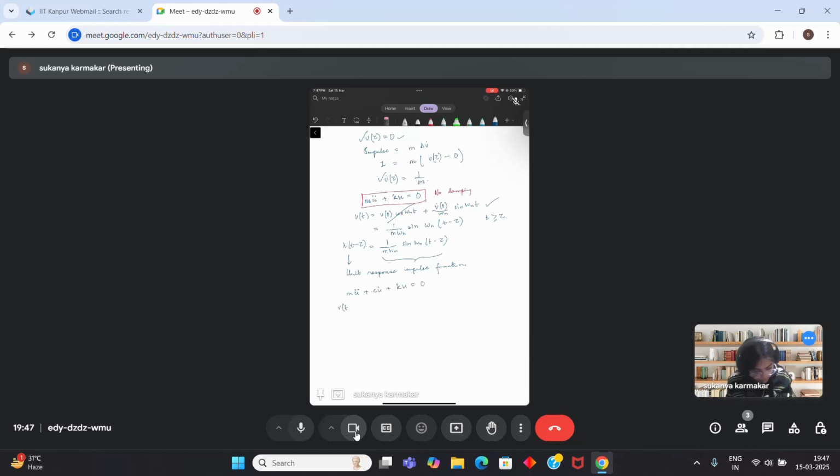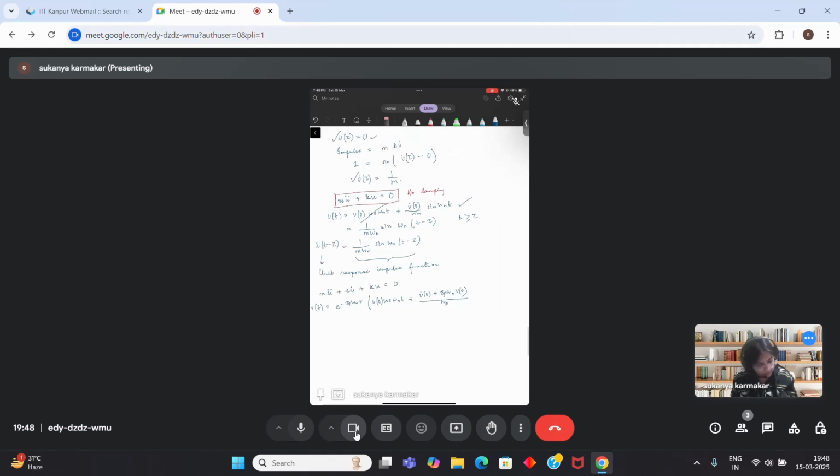So for that, u of t will be equal to e to the power minus zeta omega n t times u0 cos of omega d t plus u dot 0 plus zeta omega n u0 by omega d sine of omega d t.